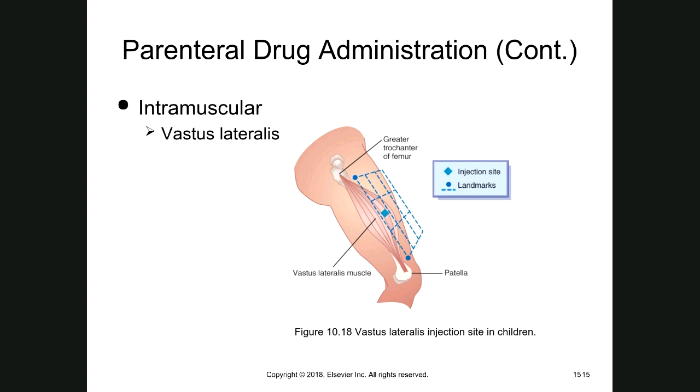Now, with intramuscular in the vastus lateralis, you want to make sure you look at the greater trochanter of the femur and not get it too high where it would disturb the sciatic nerve.